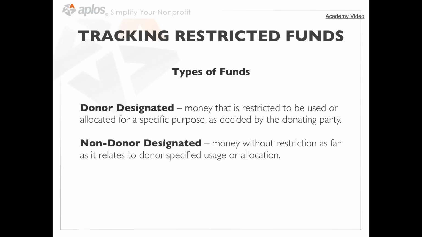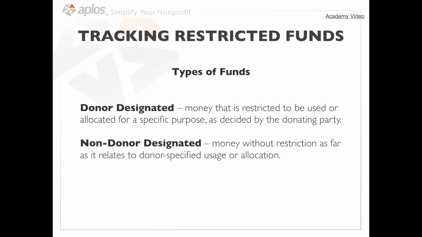A non-donor designated fund is money that does not have a restriction as far as donor specified usage or allocation. This could also include self-designated things. Let's say your board wants you to set aside a certain amount of money to do something. That money is being apportioned out of your unrestricted general money, but it's still self-designated.